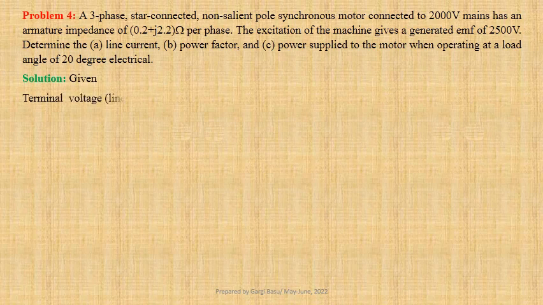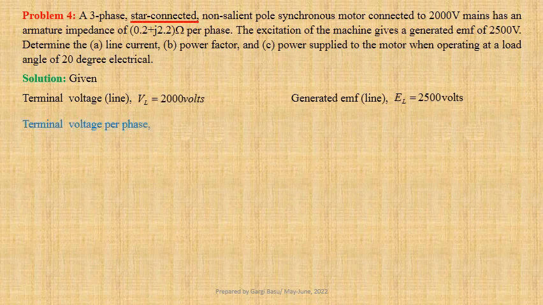Line-to-line terminal voltage VL equals 2000 volts. Line-to-line generated EMF EL equals 2500 volts. Since the armature winding is star connected, terminal voltage per phase ET equals VL by root 3, that is equal to 2000 divided by root 3, that gives us 1154.7 volt.